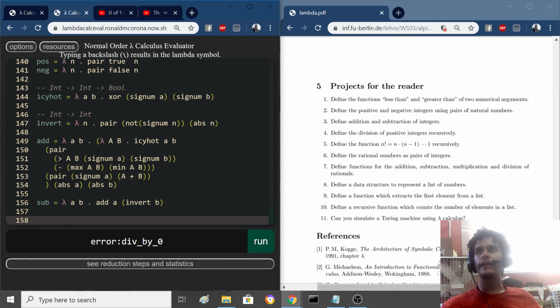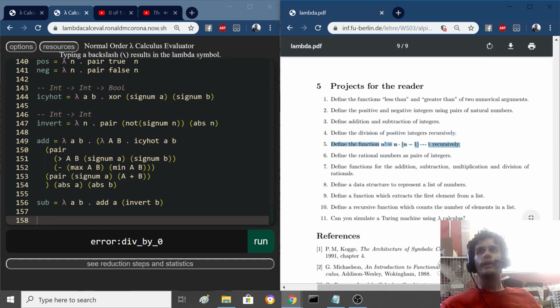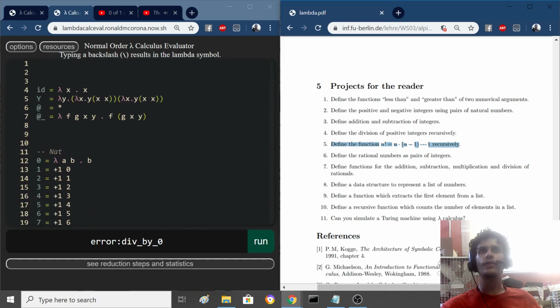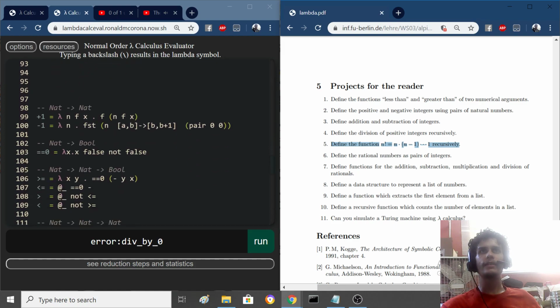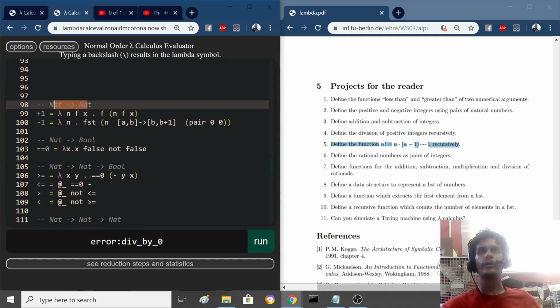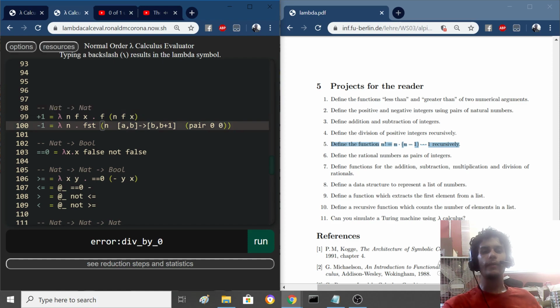Now we can do the next thing after division, which is factorial. Yet another recursive function, and it doesn't specify that it's for integers or whatever, so I'm just going to go ahead and do it for natural numbers. It's a function that takes just one number and gives us one number. So I'll define it right here.